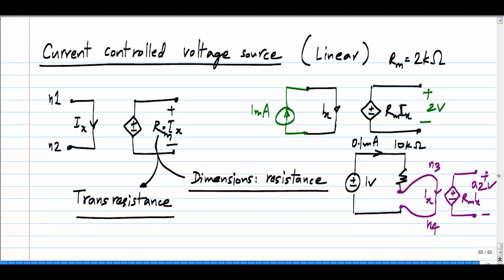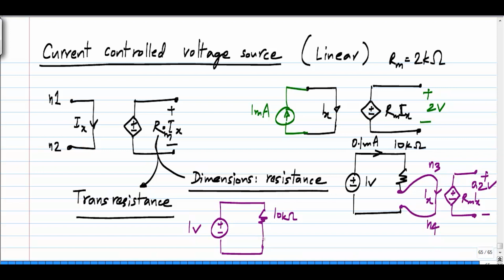And typically you don't show this breaking of the connection and inserting it like this and so on. The way this circuit will be normally shown is simply as follows. We had this 1 volt and 10 kilo ohm. This could be any circuit anywhere. Now the input wire or the input branch of the current controlled voltage source is placed in series with the resistor to sense its current.